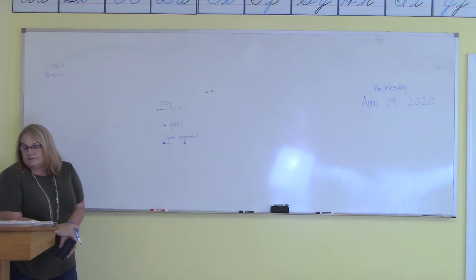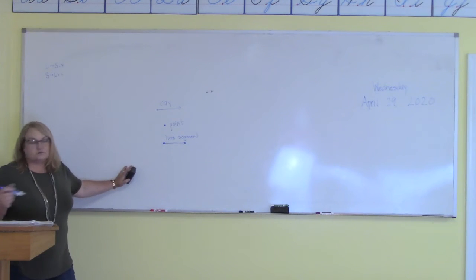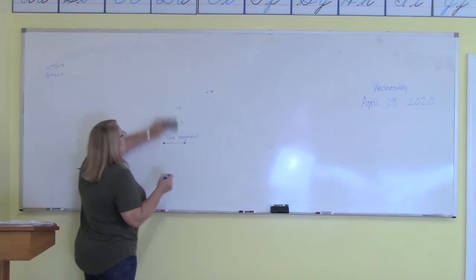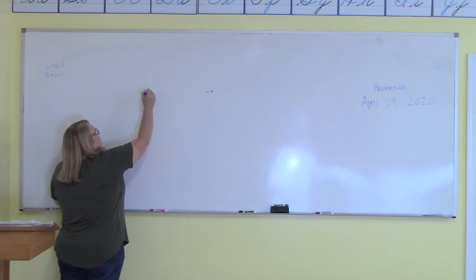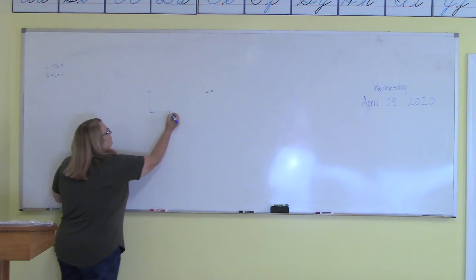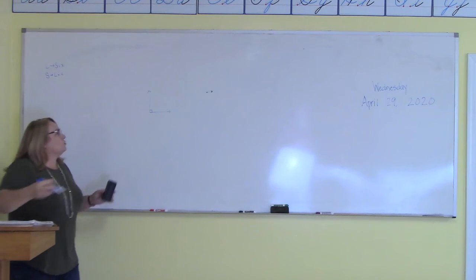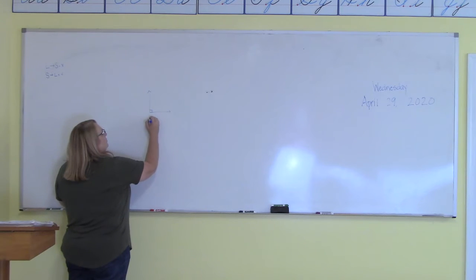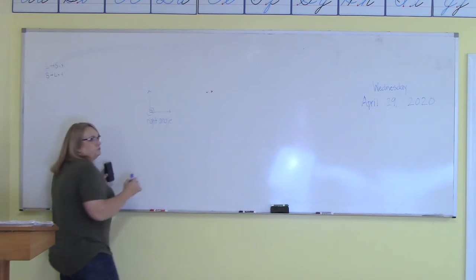D, okay, that is an angle. All right, E, this is a right angle. That means this angle here is at a right angle.